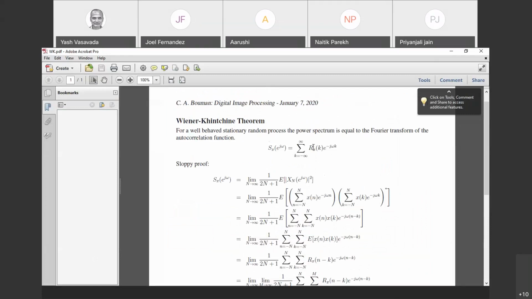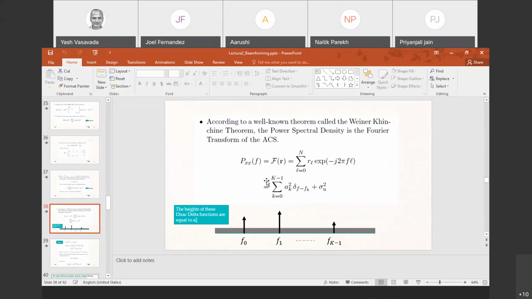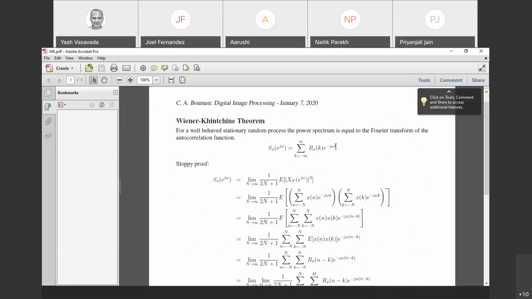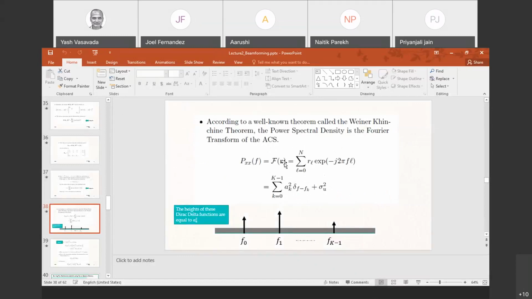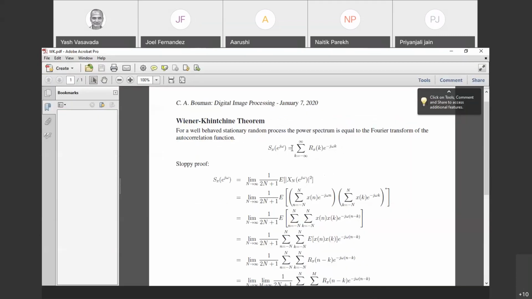So small r became capital R and L became k. Power spectral density became capital S, which we have called capital P. And instead of writing this exponential term as j2 pi fL, he is writing it as omega k. Omega is nothing but 2 pi f. So this equation here is identical to this equation here. The other difference is that L goes from 0 to n, whereas in this formulation, L, which is k, goes from minus infinity to infinity.